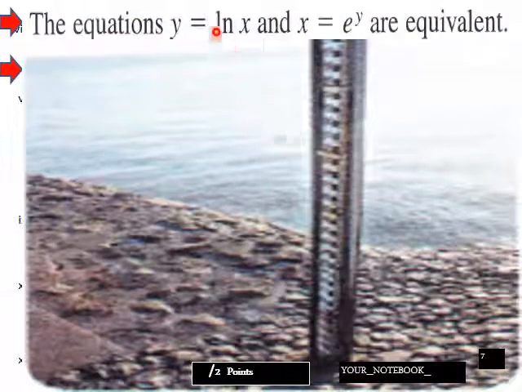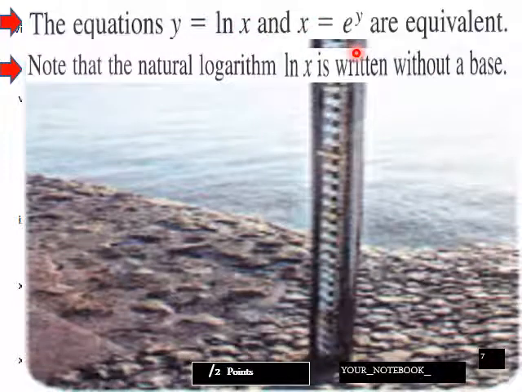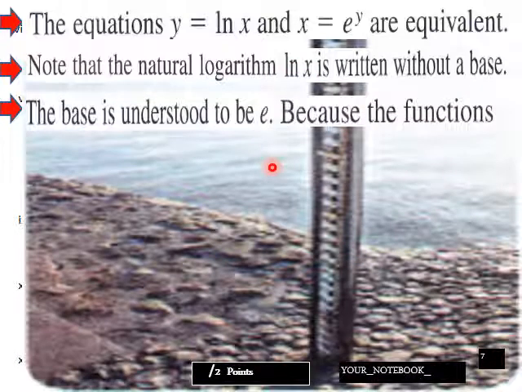Into your notebook, page 7, equations. Y equals natural log x and x equals e to the y are equivalent. Note that the natural logarithm, natural log x, is written without a base.